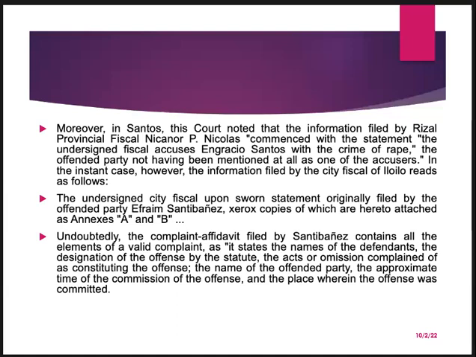Undoubtedly, according to the Supreme Court, the complaint affidavit filed by Santibanez contains all the elements of a valid complaint, as it states the names of the defendants, the designation of the offense by the statute, the acts or omissions complained of as constituting the offense, the name of the offended party, the approximate time of the commission of the offense, and the place wherein the offense was committed.